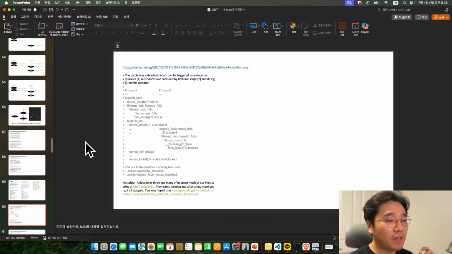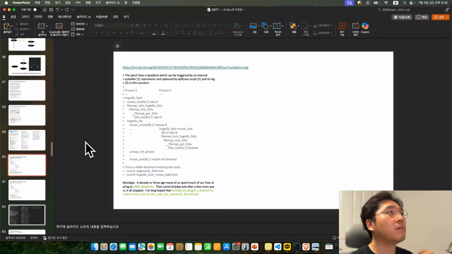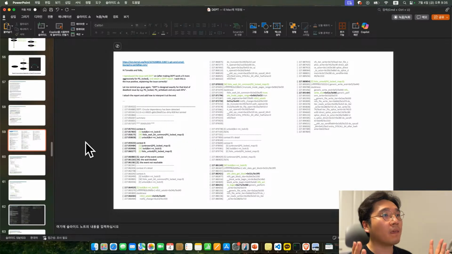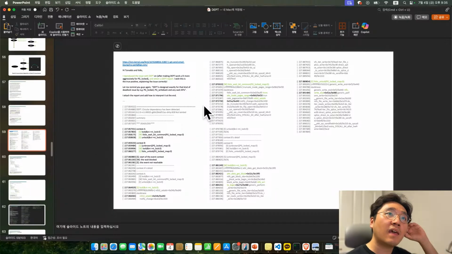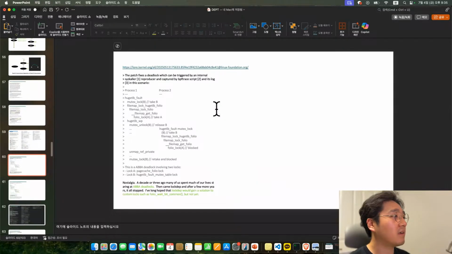So Byung-Chul, please test it, and some other member of the mailing list found the deadlock situation for that. So he reproduced it and reported it, and this is a real bug in the Linux kernel, right?